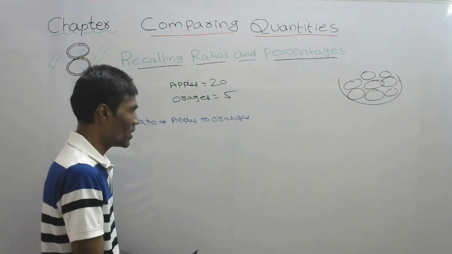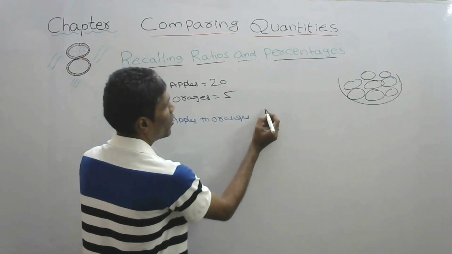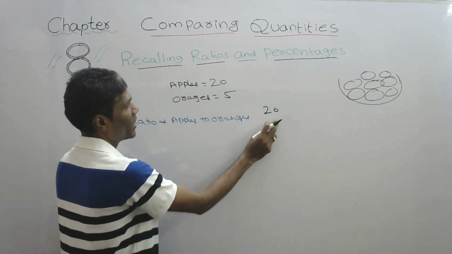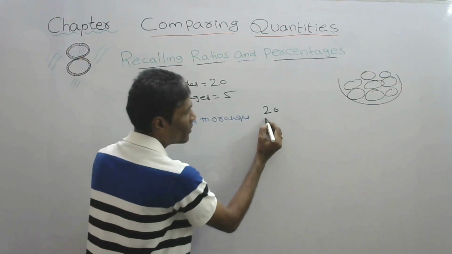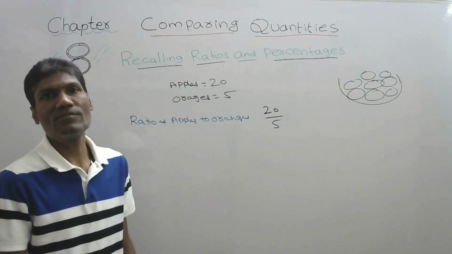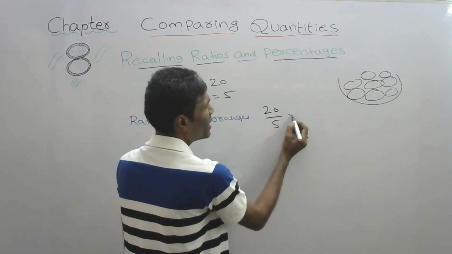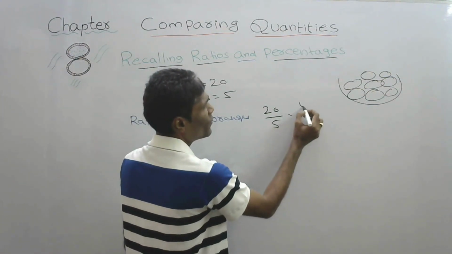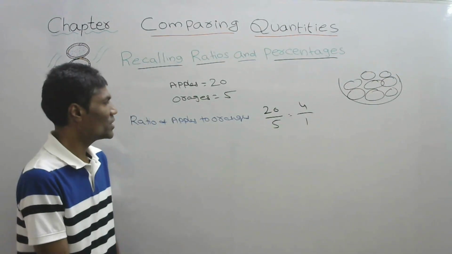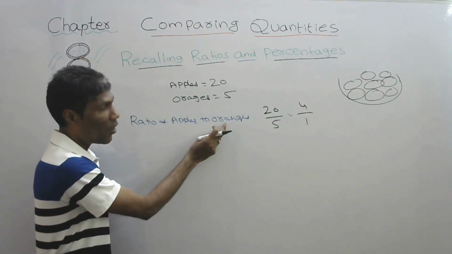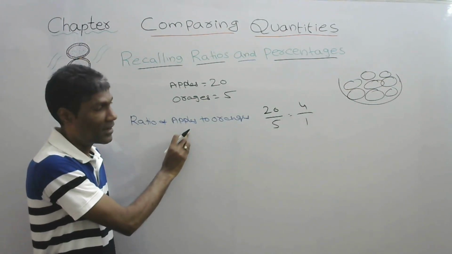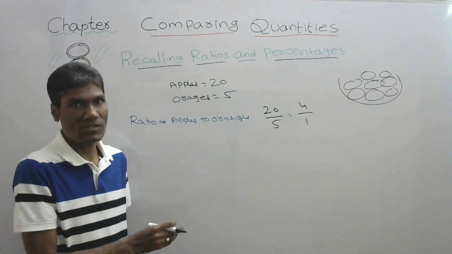So the answer will be 20. How many apples are there? 20. How many oranges are there? 5. 20 by 5. If you do the cancellation, 5 ones are 5, 5 fours are 20, so 4 by 1. Now, if the question is ratio of oranges to apples, then the value will change.